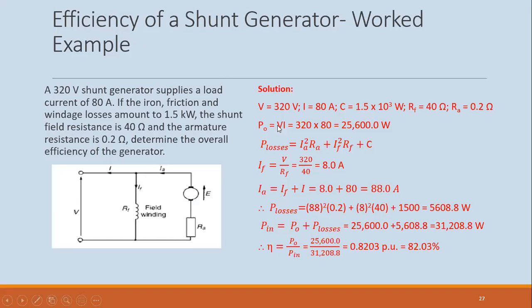All right. So here is an example to determine the efficiency of a shunt generator.